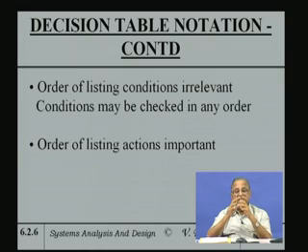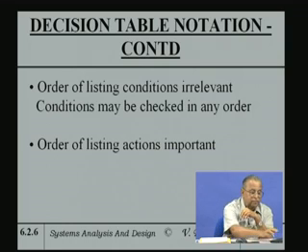However, the order of listing actions is important. That means if an action is listed first, it is taken first. If an action is listed number 2, it has got to be taken next, and so on. So there is a sequencing of actions, whereas there is no sequencing of conditions.